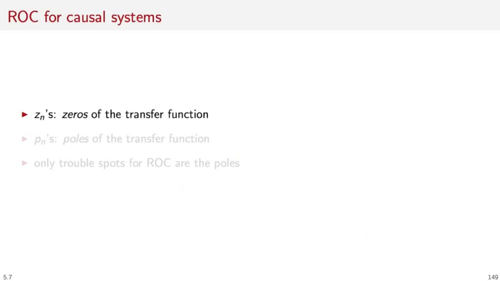The roots of the first order terms in the numerator are called the zeros of the transfer function because they send the transfer function to 0. On the other hand, the roots of the denominator are called the poles of the transfer function, and those are really the trouble spots for the region of convergence because they send the denominator to 0.